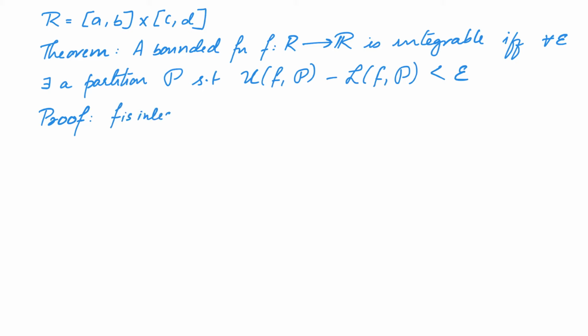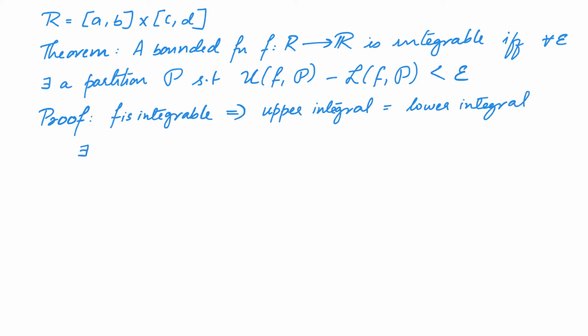First, we will prove that if f is integrable, then given any epsilon, you can find a partition P such that U(f,P) minus L(f,P) is less than epsilon. To do this, first notice that f is integrable implies that upper integral is equal to lower integral. But upper integral is the infimum of all upper sums.